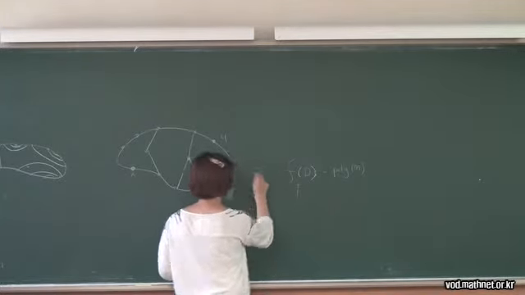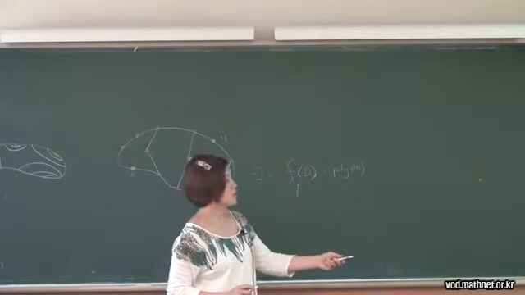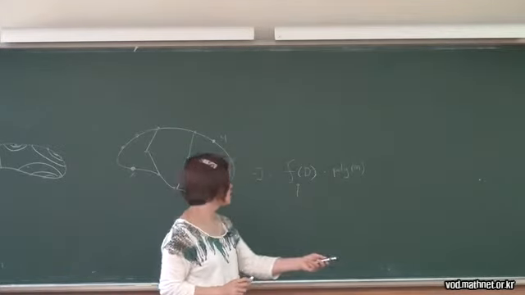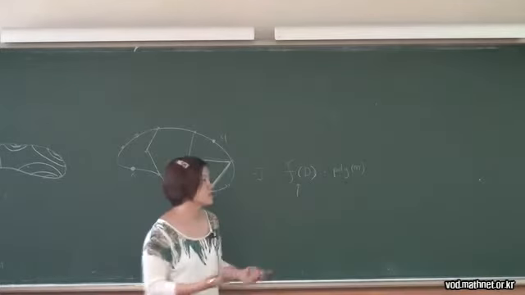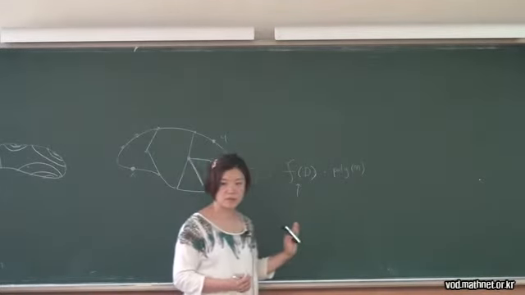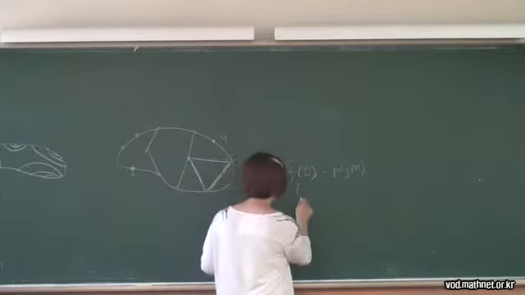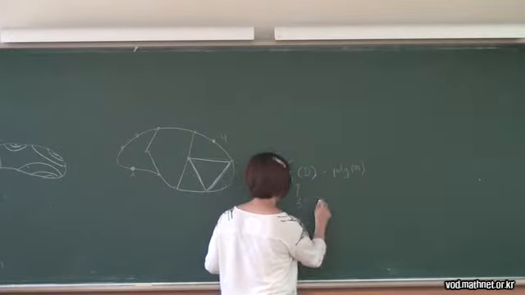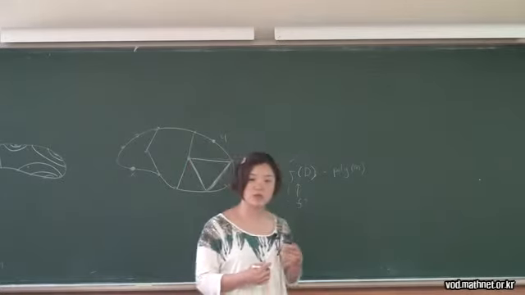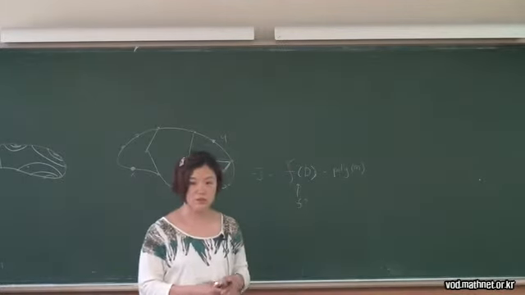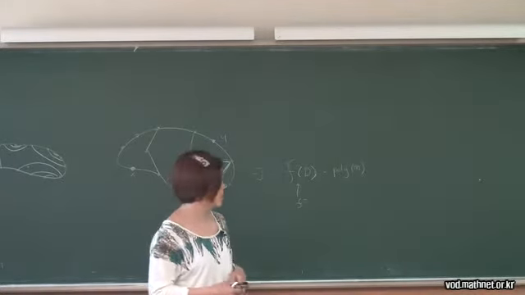The fact that it is FPT means that there exists some function f such that there exists an algorithm that works in this time. But what is this function and what is this algorithm? We don't know. So it's only an existential result using a big meta theorem.